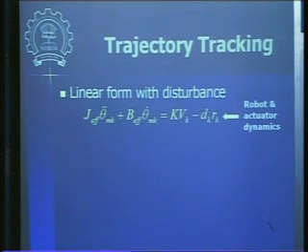You remember this is our linear form with a disturbance for robot and actuator dynamics taken together. So you have this effective inertia and effective damping terms. This effective inertia, again recall that it is not a constant, we just assumed it to be some value which is averaged over the range of the motion of the manipulator.